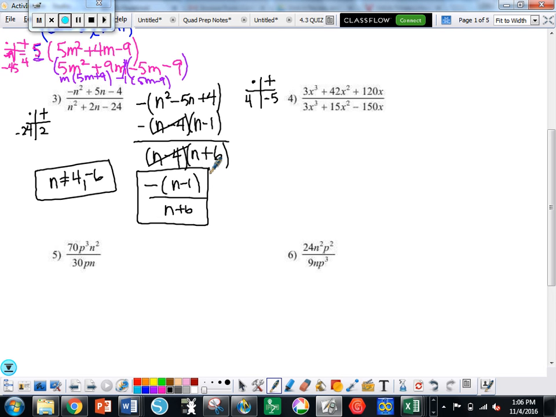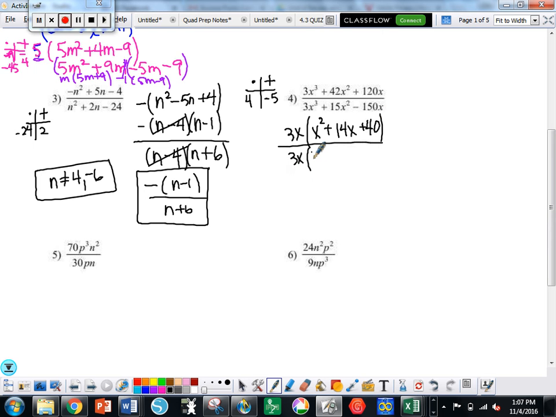Fantastic. Next question. Looking at the top, they all are divisible by 3. So taking out 3x, I've got x squared plus 14x plus 40. On bottom, take out a 3x.